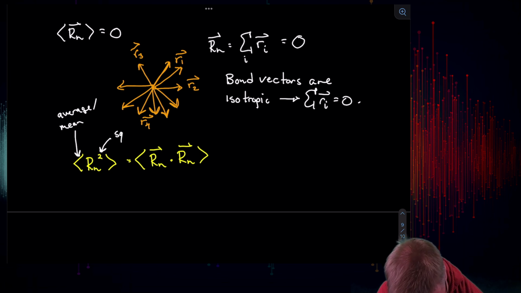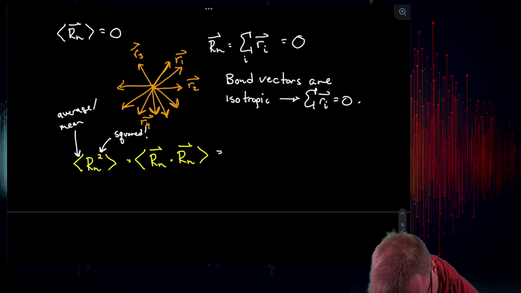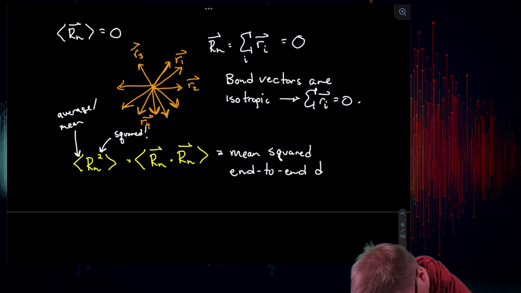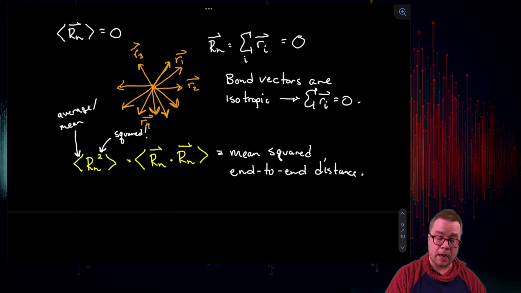That little 2 there tells us that it's squared. So this is going to be called the mean squared end-to-end distance. And we can calculate it.